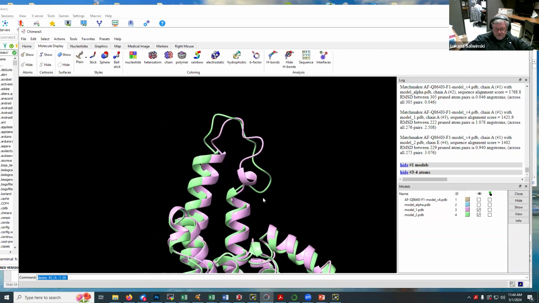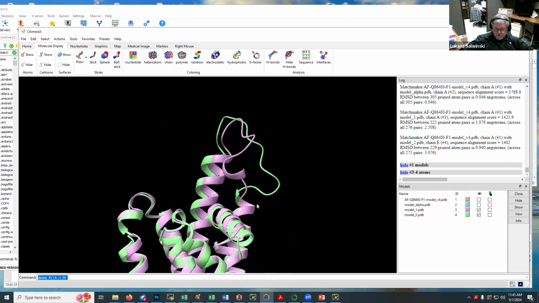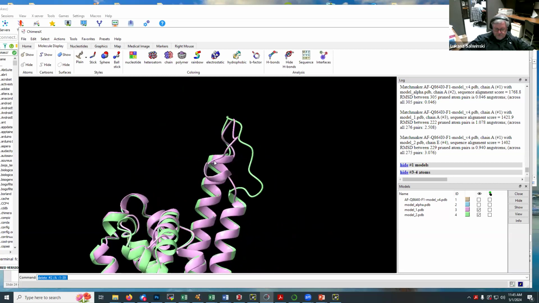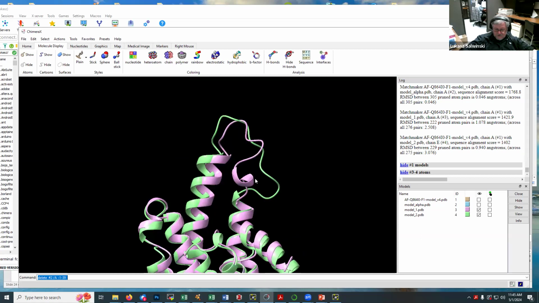In the pink model, Swiss modeler was trying to build in a piece of an alpha helix here. There is a break and then a piece of alpha helix. The green model is corresponding to some other structure with no alpha helix built in here.